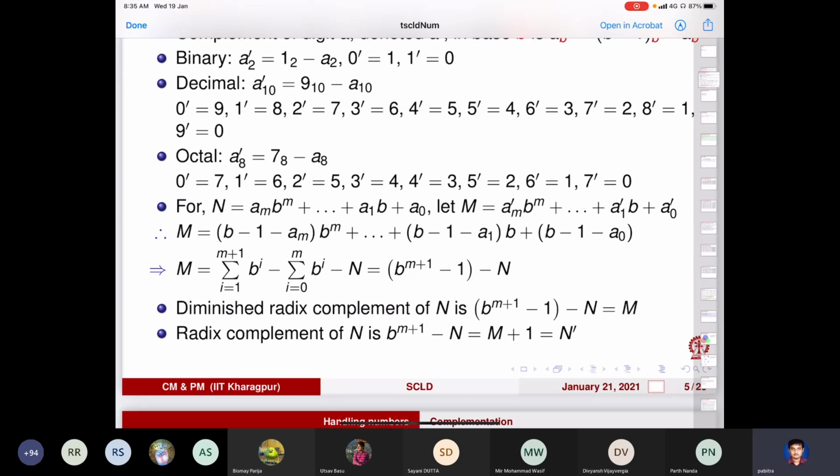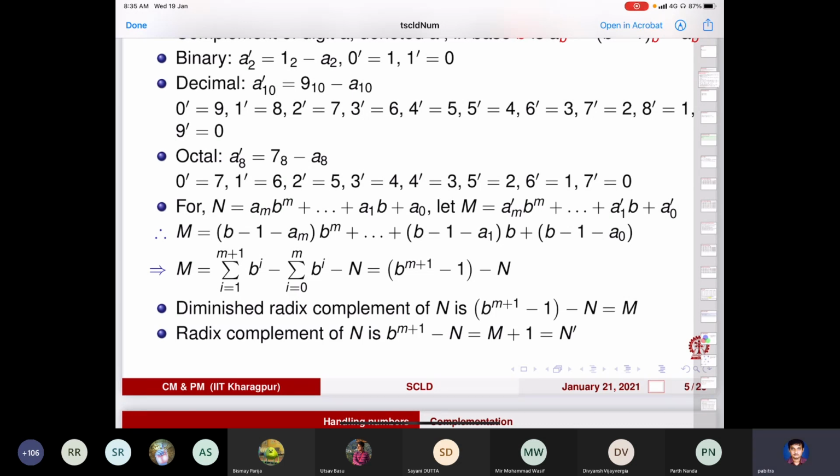If you just rearrange the brackets, you would get m is nothing but b to the power m plus 1 minus 1 minus n.